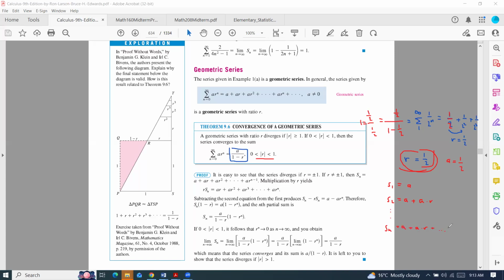Please notice this last piece will be a r to the power of n minus 1, because there are a total of n of them. The first term has no power of r, like r to the 0. So the first is here, the second, and so on, up to n minus 1, and the nth term is just a itself.